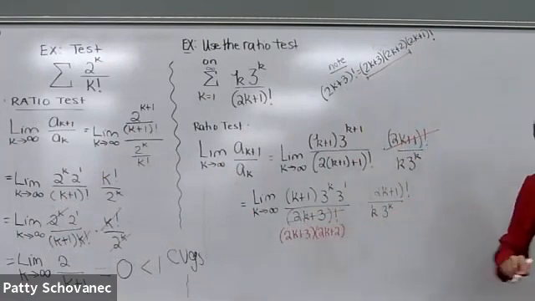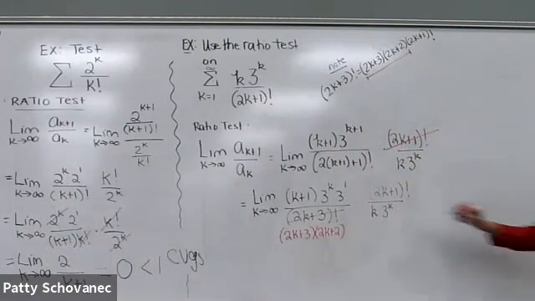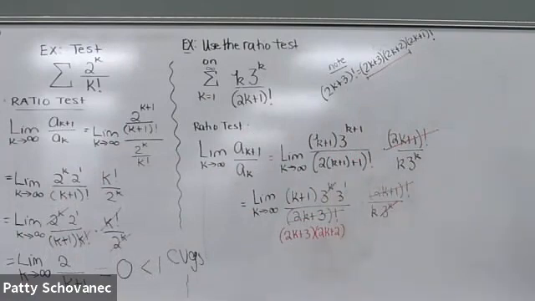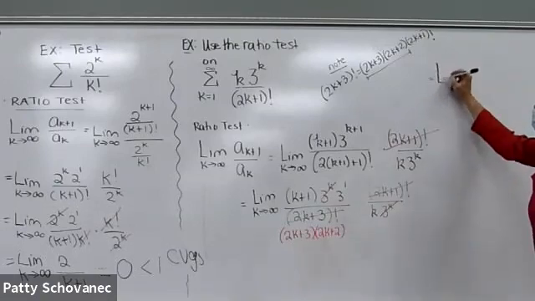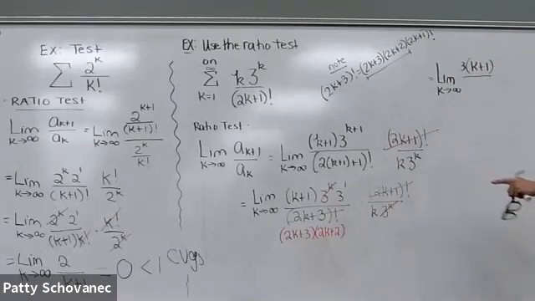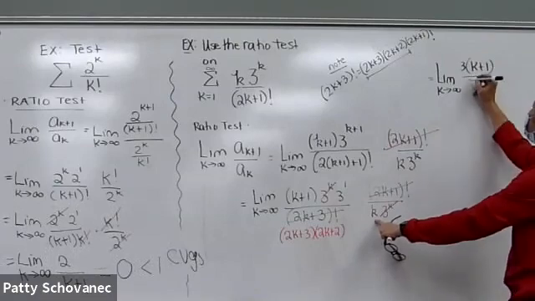No factorials anymore, just a dry old product. And then the 3 to the k's cancel. So without the red on it, on top I have k plus 1 times 3 in front. On the bottom, I have 2k plus 3, 2k plus 2, and this little k down here.